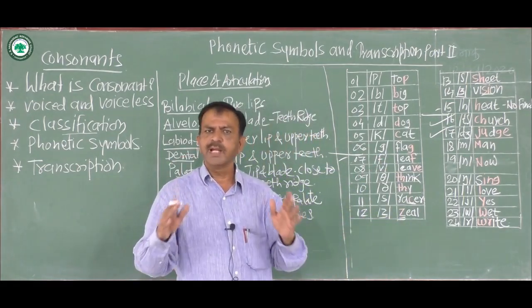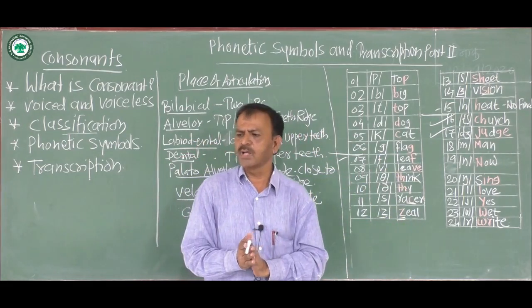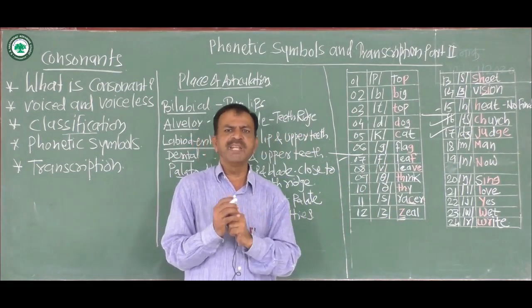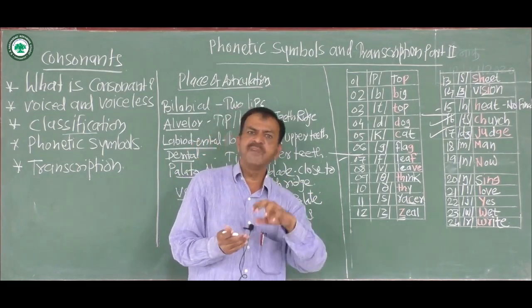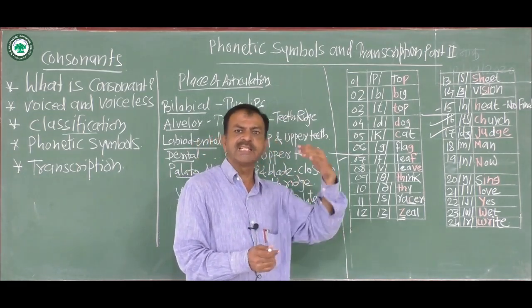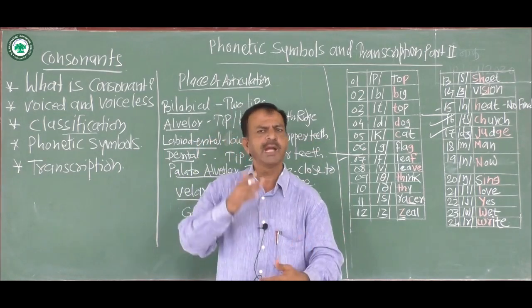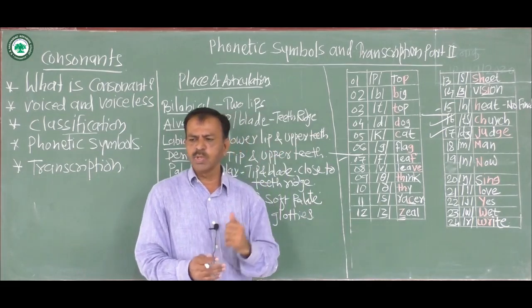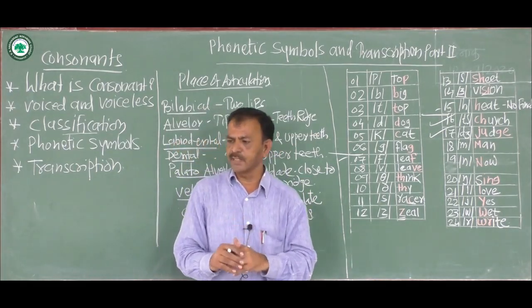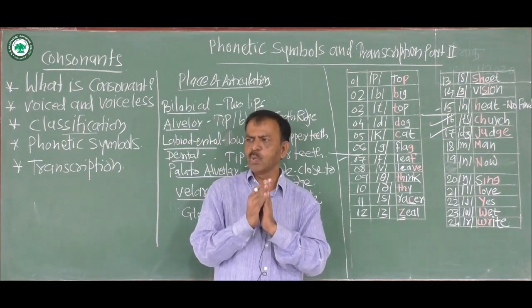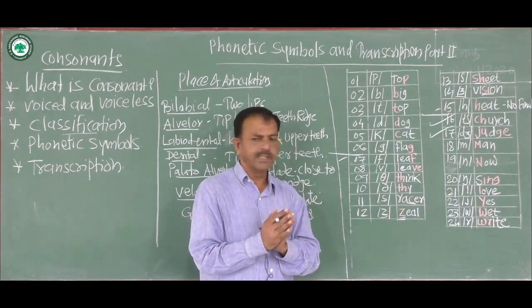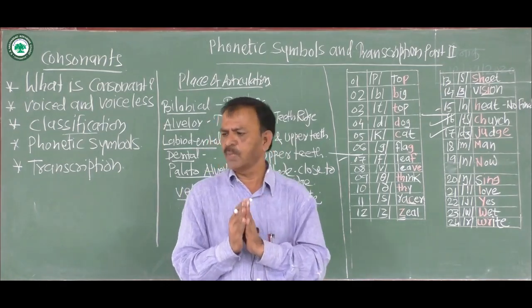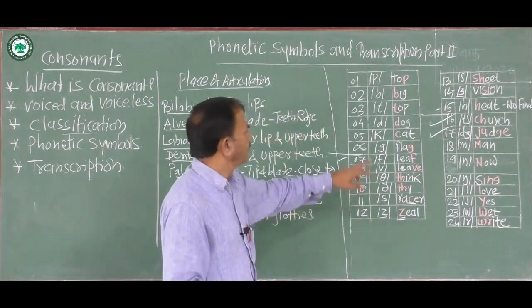These two sounds are known as affricate sounds, which are a combination of plosive and fricative sounds. That means it begins with the plosive sound and ends with the fricative sound. So ch is voiceless palatoalveolar affricate, while the j sound is voiced palatoalveolar affricate.